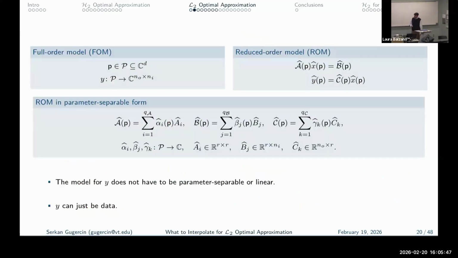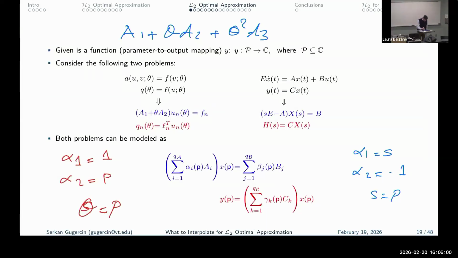So now my goal is, I have a parametric mapping from P to whatever the output is. And I want my reduced model to have this structure. I don't know what the structure of the original model is. I don't have access to the original model.